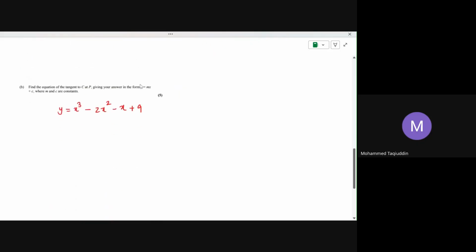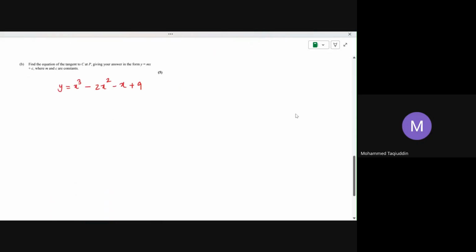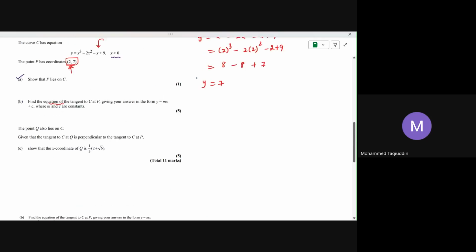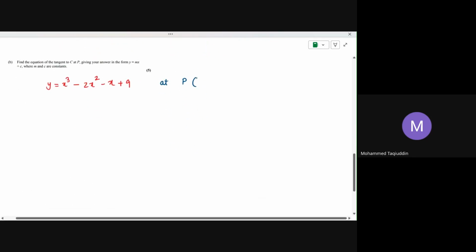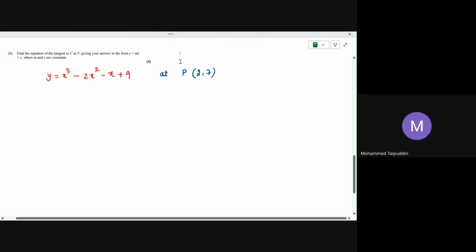The tangent is at P. That's the important point to be noted here. At what point are we finding it? At point P, that is (2, 7), right? So it's (2, 7). This is my point P. Is this clear?